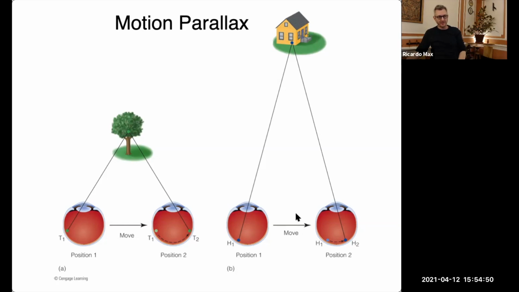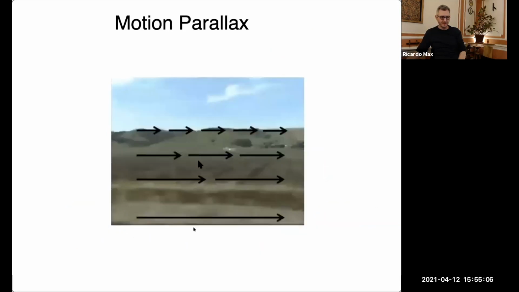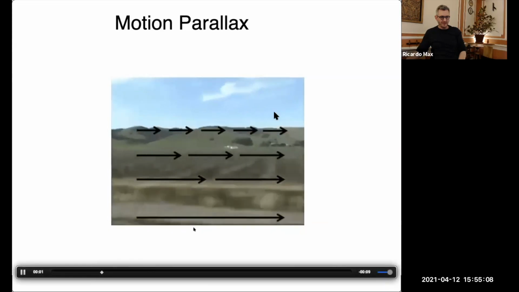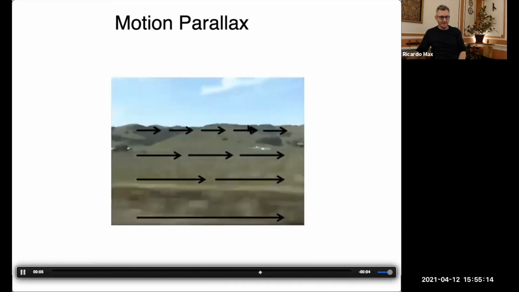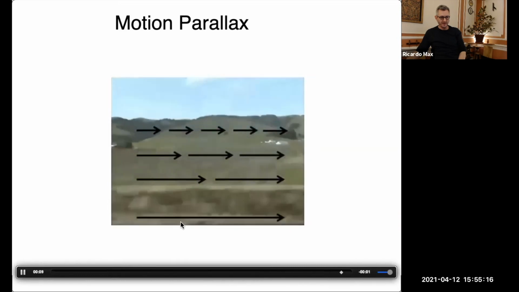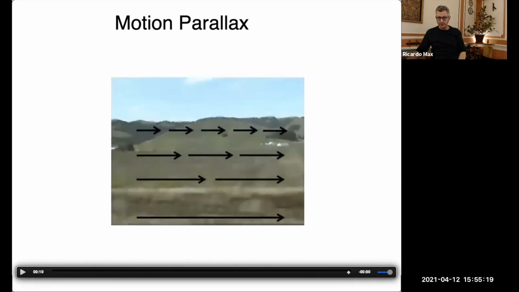So you move the same distance, this object was displaced this far, and this object was displaced this far. You know this feeling when you travel. We can really see it. These fellows here have a very small displacement on our retina compared to this. So we use this information unconsciously to infer the relative distance of each object.